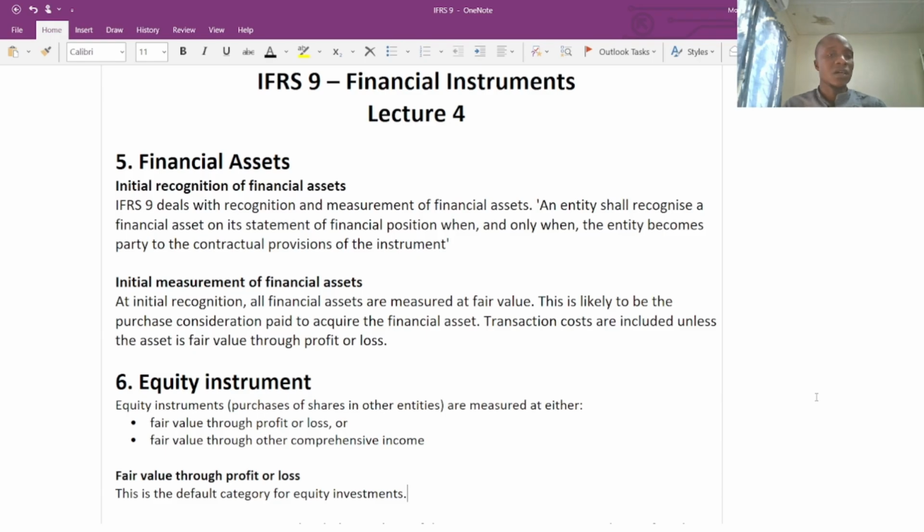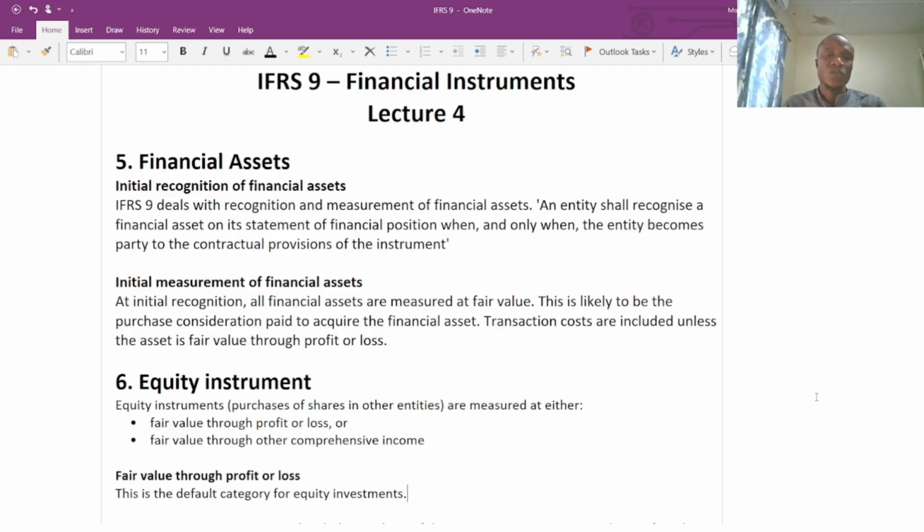So basically, IFRS 9 deals with the recognition and measurement of financial assets. An entity shall recognize a financial asset on its statement of financial position when and only when the entity becomes party to the contractual provision of the instrument.